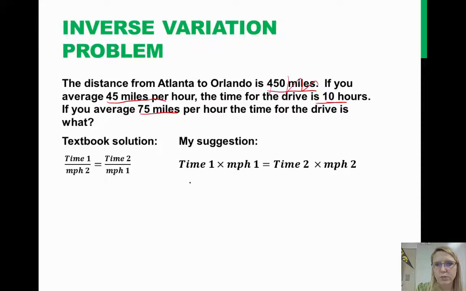Time of the first one, it was 10 hours, and the miles per hour was 45. That is going to be equal to x. We don't know how long, but we do know that it was going 75 miles per hour. So this will be 450 equals 75x, and then we're going to divide 450 by 75, and that is 6. So it's going to take the person around 6 hours to drive at 75 miles per hour.